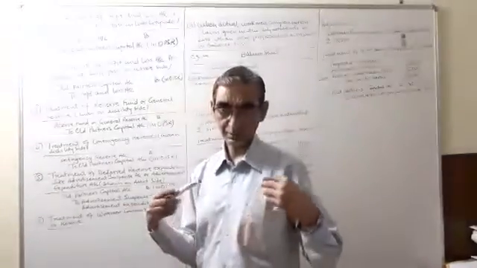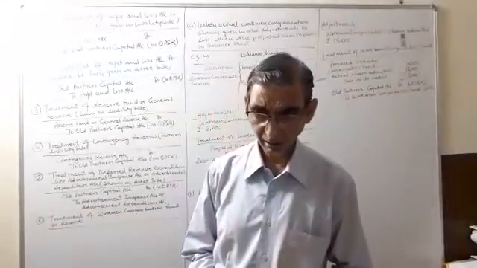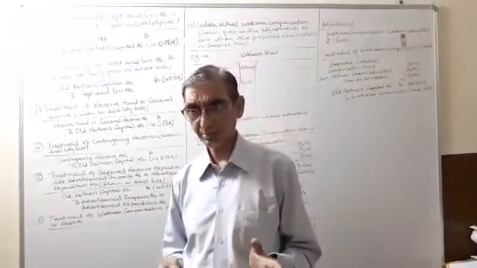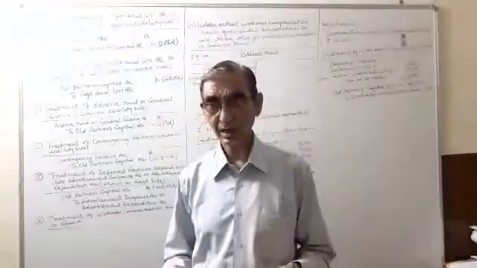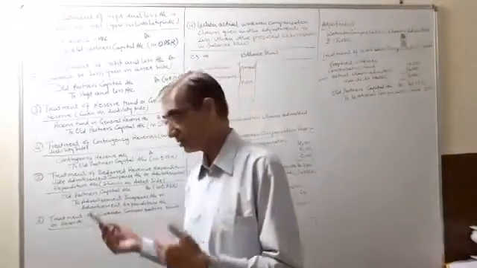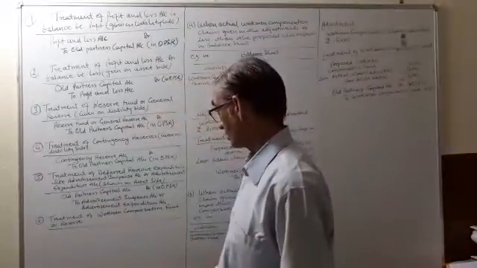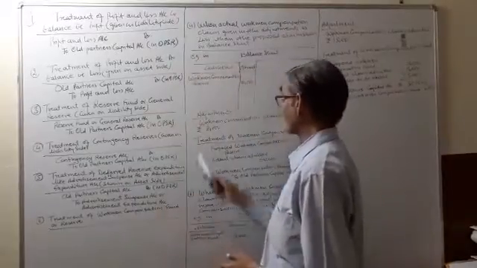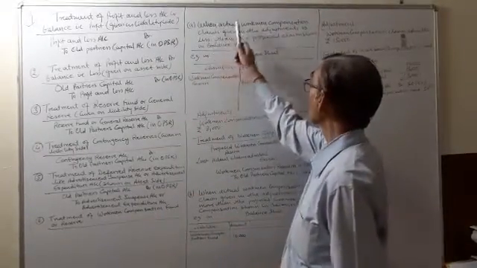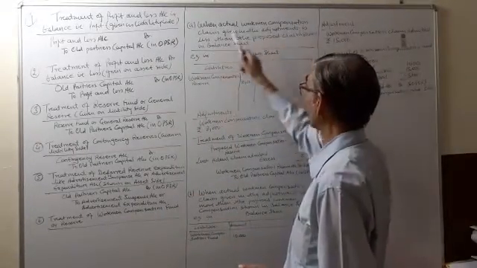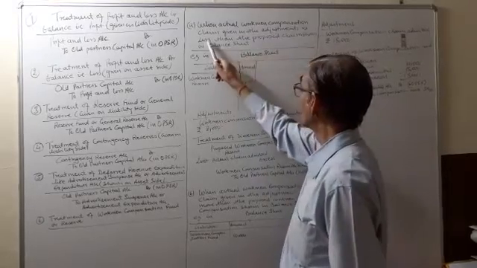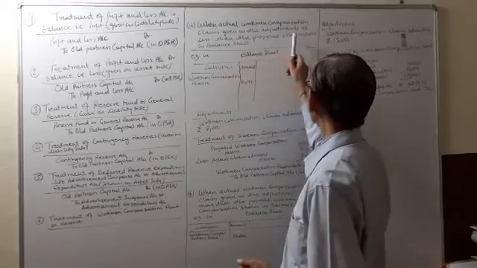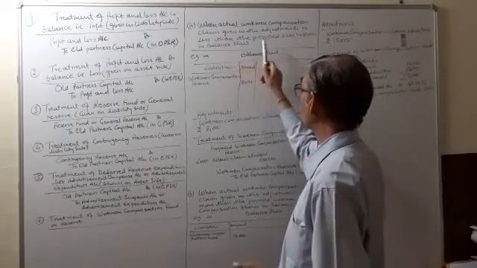Somewhere it comes in the question as workmen compensation fund, and sometimes it comes in the question as workmen compensation reserve. So over here there are two cases. When actual workmen compensation claim given in the adjustments is less than the proposed claim shown in balance sheet.